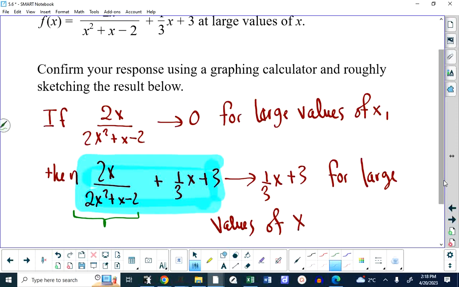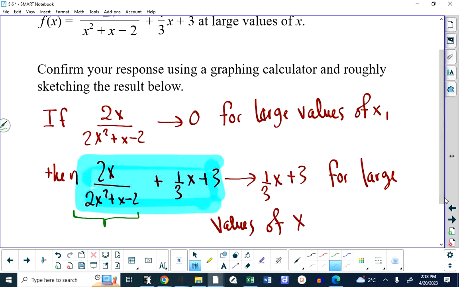And what we're going to conclude is that the graph will be asymptotic not to a number, but to 1/3 x plus 3. Whatever 1/3 x plus 3 looks like, when you start to go to large values of x, the graph of the function we're talking about gets closer to that line. It doesn't get closer to this line because it's not a constant thing it's approaching.